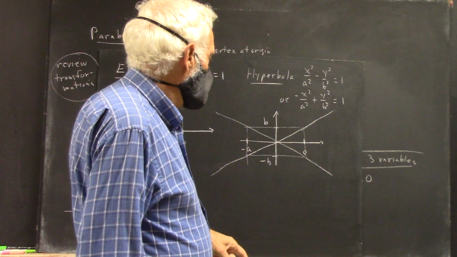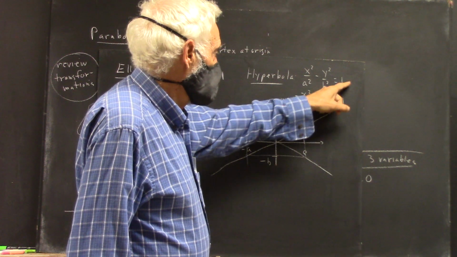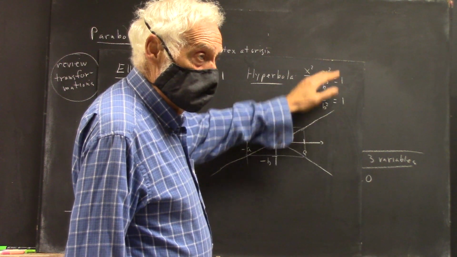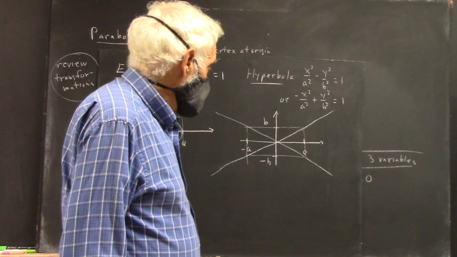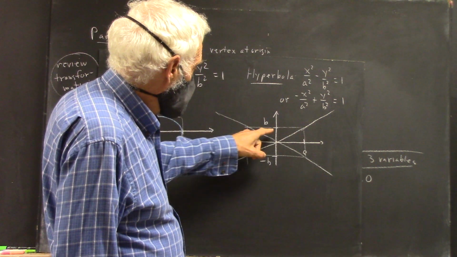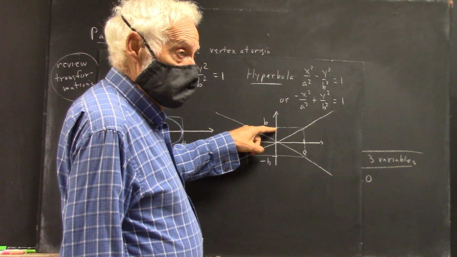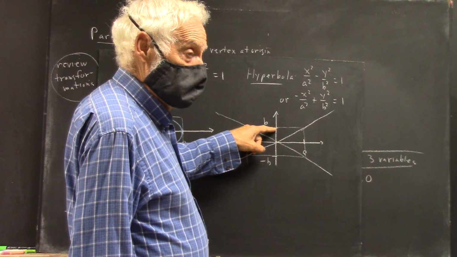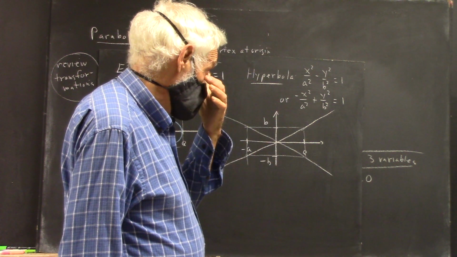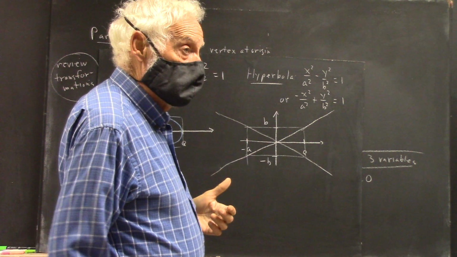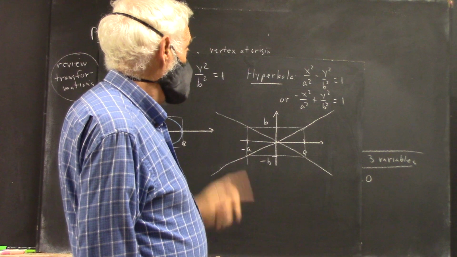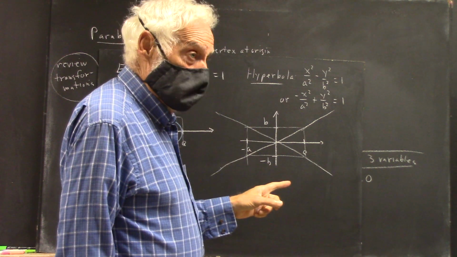Is it possible for this hyperbola, the first one, x squared over a squared minus y squared over b squared equals 1, is it possible for that hyperbola to go through the point 0, b? Thumbs up or thumbs down? Well, what do you get if you substitute 0 for x and b for y?